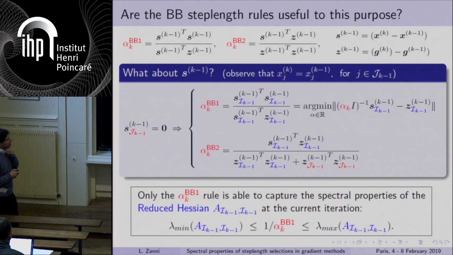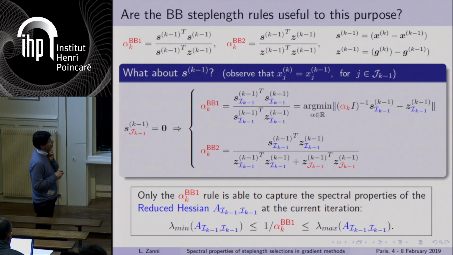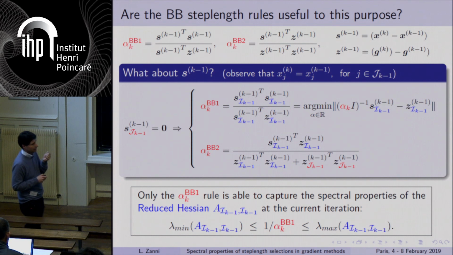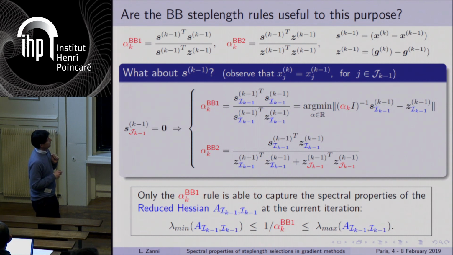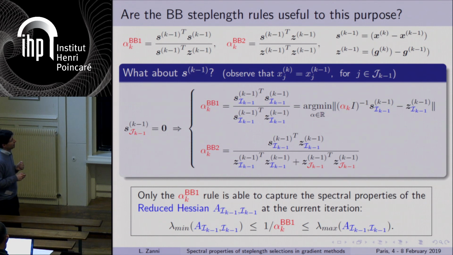To verify this suggestion, it is important to check how the Barzilai-Borwein rule can be written in this constrained case. To do this, it is important to observe that the difference of two consecutive iterates now will be zero for the components with index within the set of active variables.